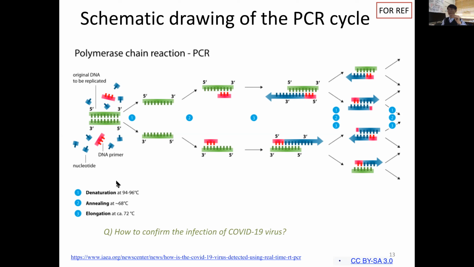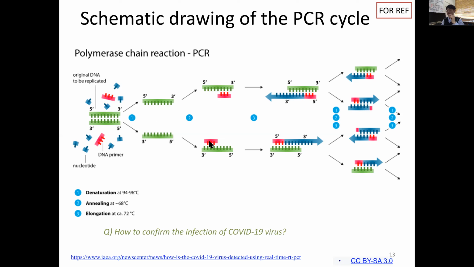For that, we need to heat it so that the DNA hydrogen bonding can be detached. And while we have the DNA primer and nucleotides around, first what we have to do is anneal, at the proper temperature, the DNA primer to its proper position by hybridization.